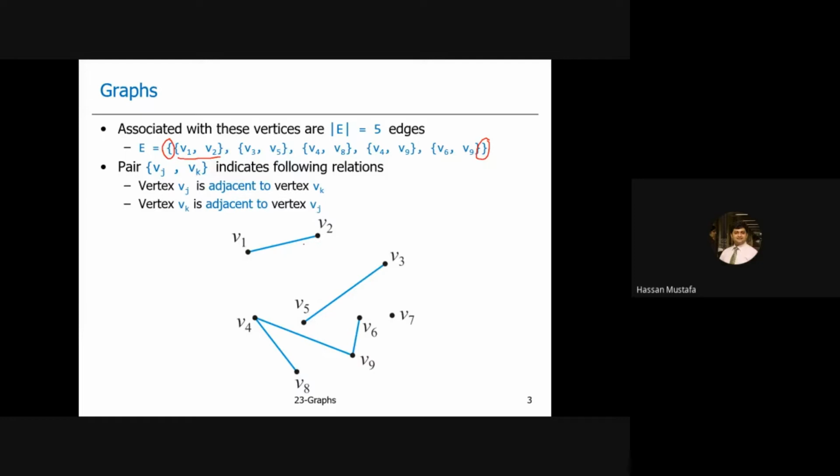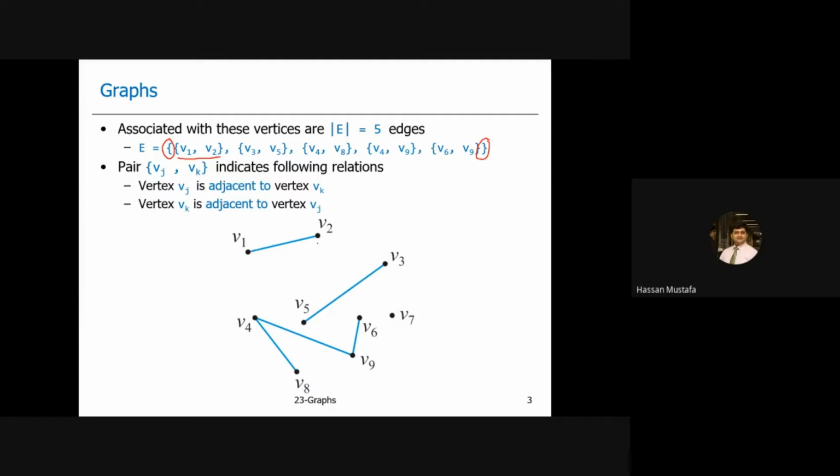And when two vertices have an edge between them, we say that they are adjacent to each other. So generally speaking, Vj is adjacent to Vk when there is an edge between Vj and Vk. And as you can see here, this edge is bidirectional.